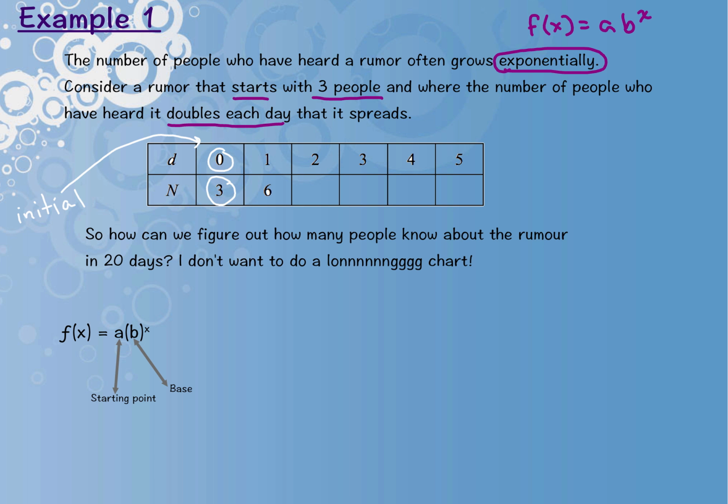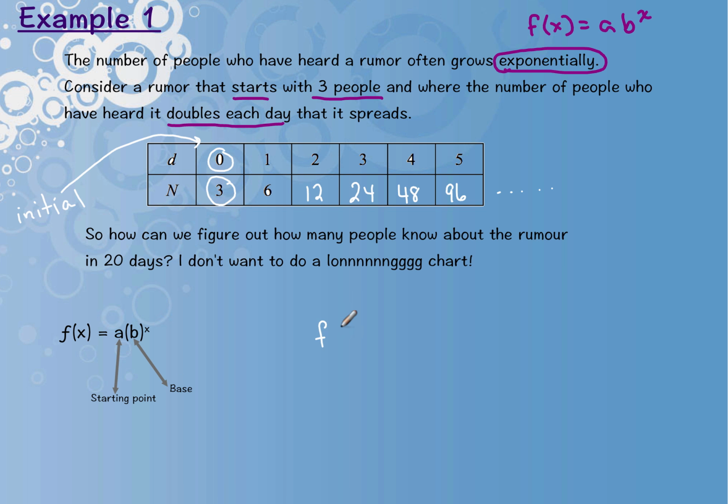Where did I start? I started with 3 people. 1 day later, it doubled to 6. 2 days later, it doubled to 12. 3 days later, it doubled to 24, 48. On the 5th day, it's 96. And I could keep going, but that takes too long.